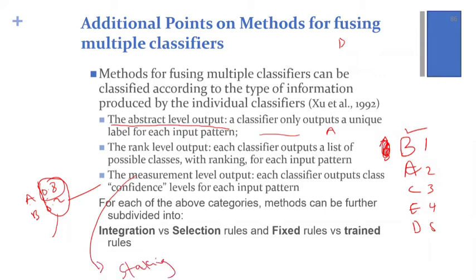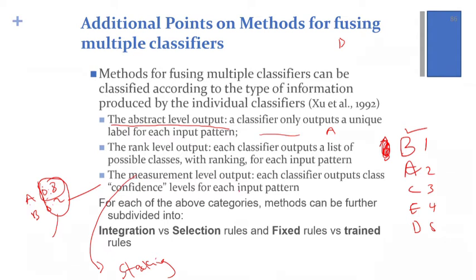For the stacking ensemble, we need the measurement level. So you're going to give all this measurement: what is the confidence you have in class A? It could be a probability value or any other value that the classifier is using. So take those values and use them to train the next classifier that is going to serve as our combining classifier.